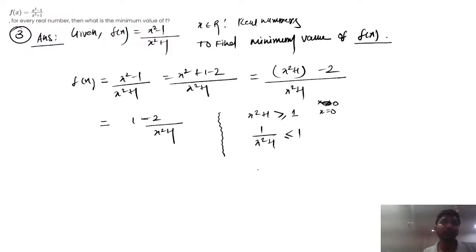Okay, so it is true, which further can be written as 0 less than 1 over x square plus 1, less than or equal to 1, so that minus 2 over x square plus 1 lies between minus 2 and 0. Any doubt till here? Is it correct?